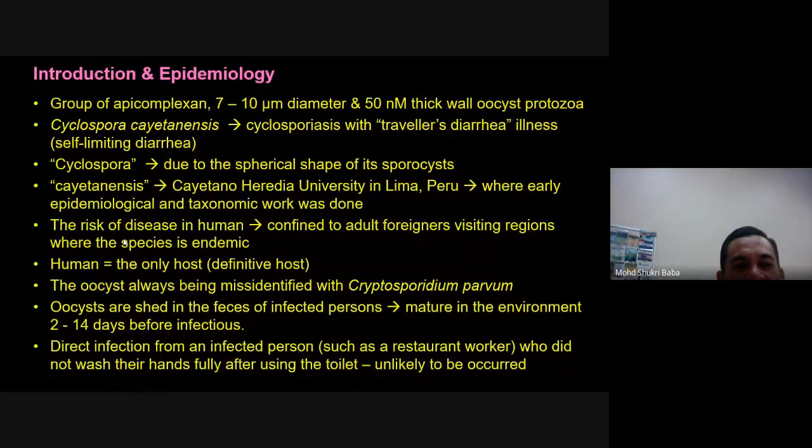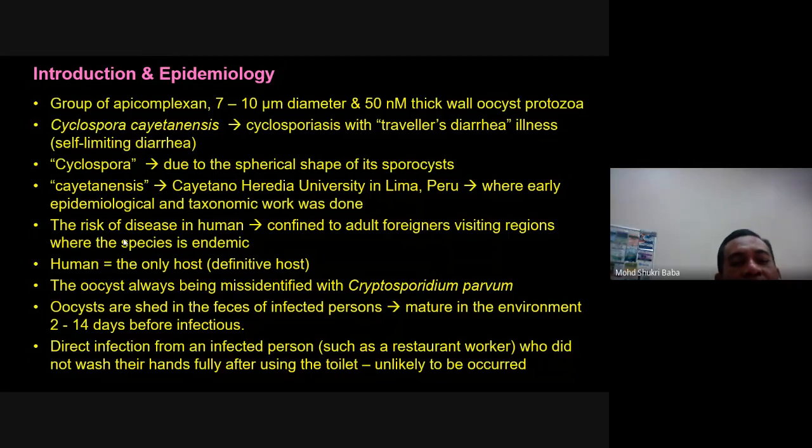The oocysts always been misidentified with Cryptosporidium parvum. Kita dah belajar tadi, okay, we have touched about Cryptosporidium parvum, okay. So basically when you diagnose this oocyst of C. cayetanensis, you might misdiagnose with C. parvum oocyst as well, because morphologically is quite similar.